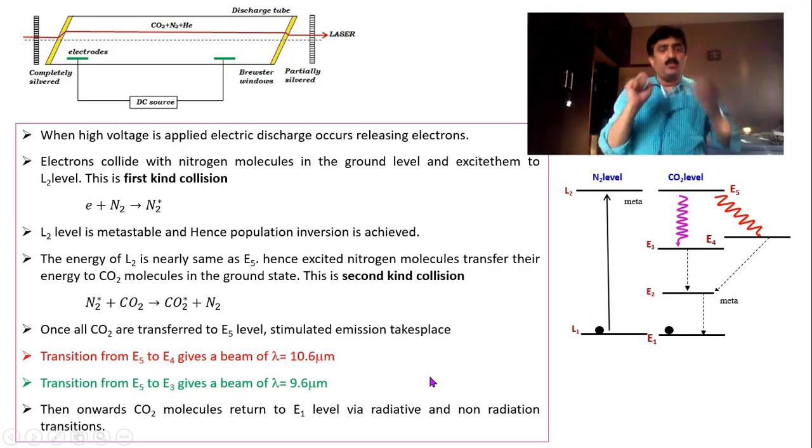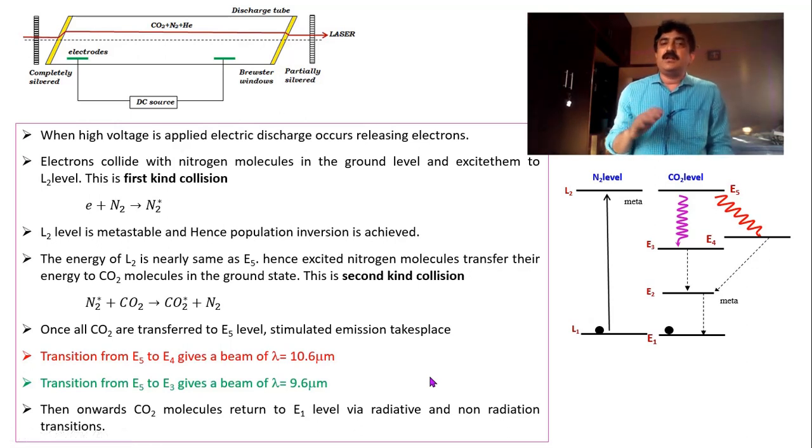Dear students, I tell you one thing. Some students are asking, sir, how to score maximum marks? See, these small things actually make a lot of difference. If someone explains the lasing action but does not write the wavelength of the laser emitted, for that 1 mark is reserved. If you don't write the wavelength, you lose 1 mark. So don't take any chance.